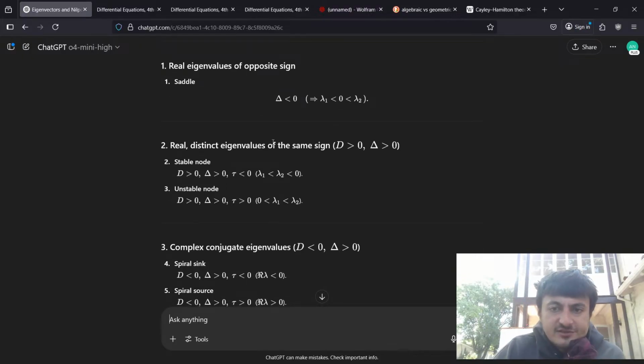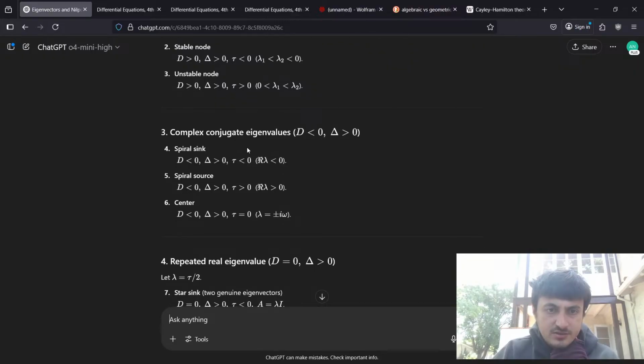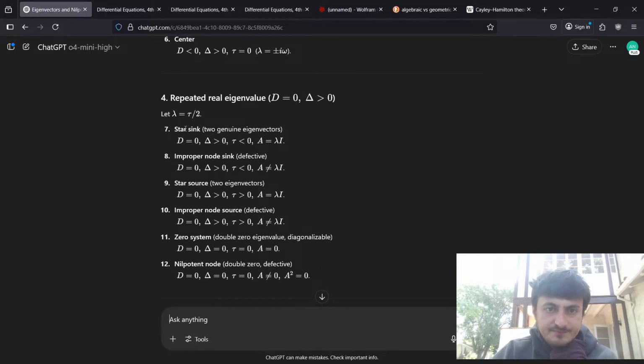Real distinct eigenvalues of the same sign. Okay, so sink and source. Complex conjugate, so we get spiral sink, center, and spiral source. All right, so we got the first most common 6. Then we got the repeated eigenvalues.